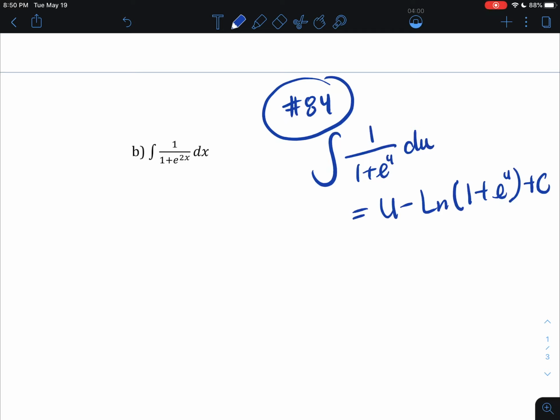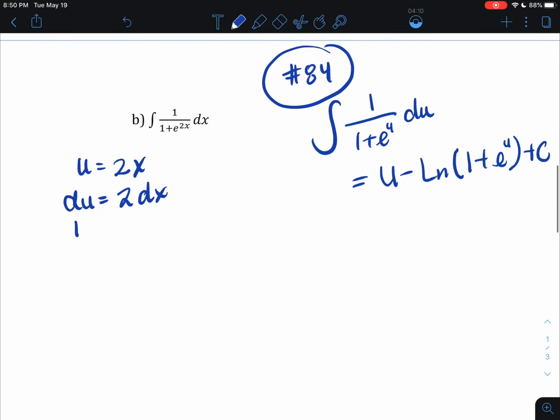It's not exact because my u is really equal to 2x, so my du is equal to 2 dx. Well, I don't have a 2, so 1/2 du is equal to dx.